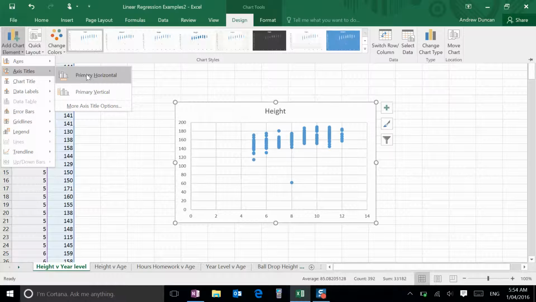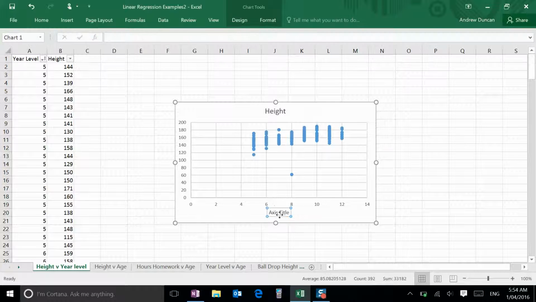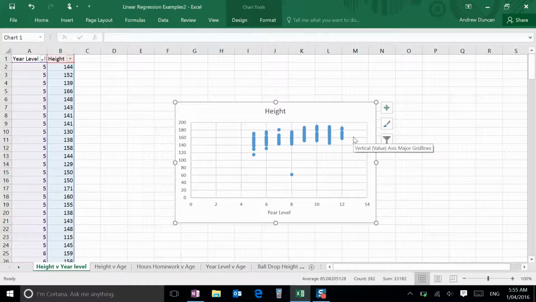Axis titles, primary horizontal. As the year level increases, it looks like they're gradually getting taller, which is sort of what we expect.